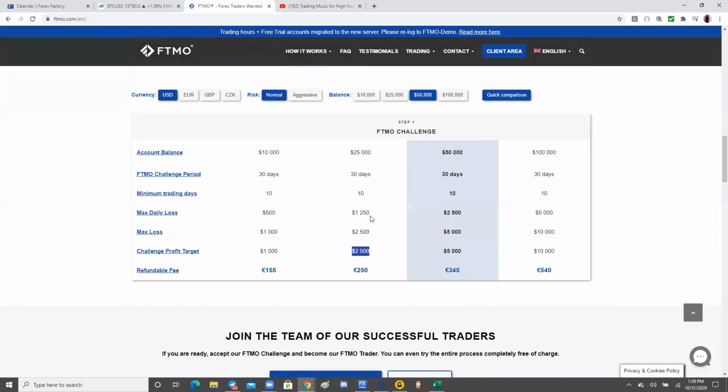Your max daily loss is $1,250. So you can't lose more than 1,250 within a day. You can lose like 1,200, but that's even cutting it close. So probably put like your $1,000 max daily loss limit, or 750, so it doesn't get close to 1,250.